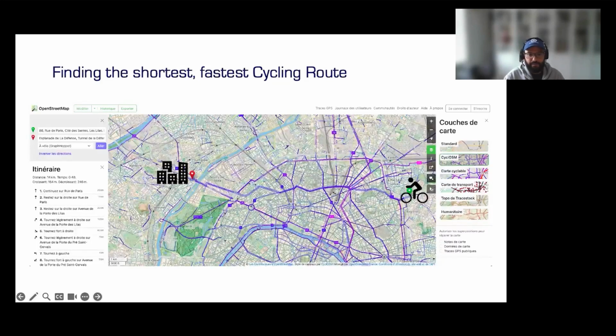So as I said, let's have a look at this recent approach of real-time. Recent is a bit subjective, but in this case, let's take an example. I cycle every day from home to office, and a basic question that is raised every time I take my bicycle out is, what is the shortest, the fastest cycling route I can take to get to the office?